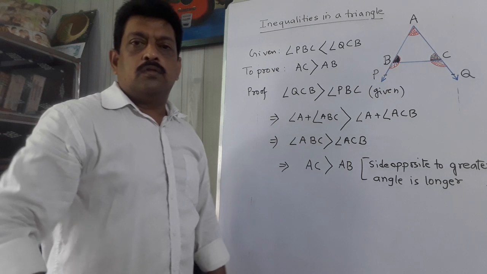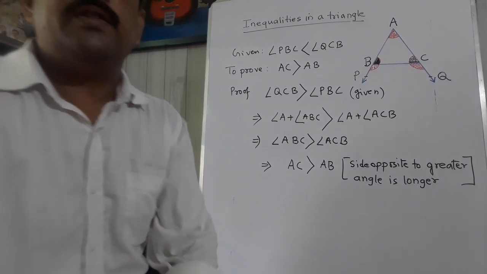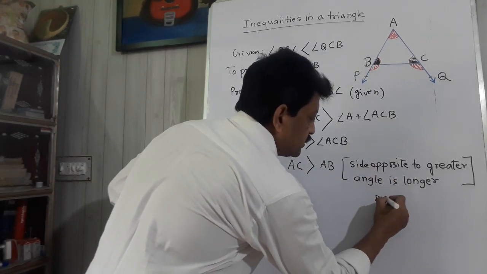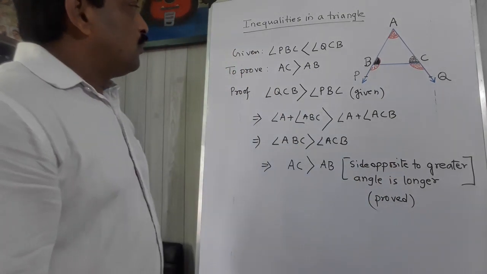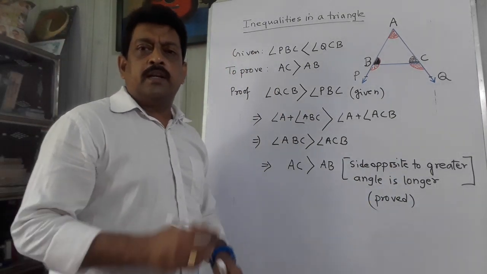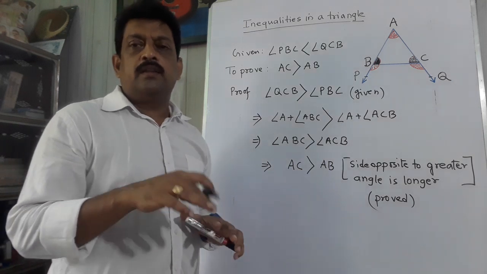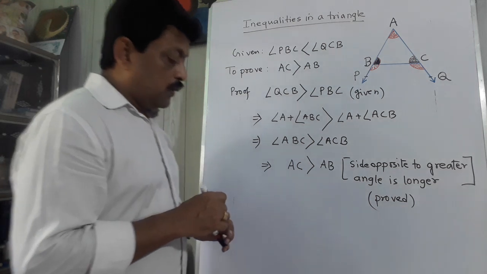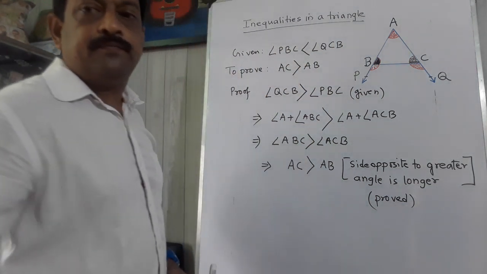Okay, so hope the sum is too easy, isn't it? Yes. So this sum is proved. So here also we have used the theorem that if the side of a triangle is longer, then its opposite angle is also greater. Okay, let us move to another question of this type.